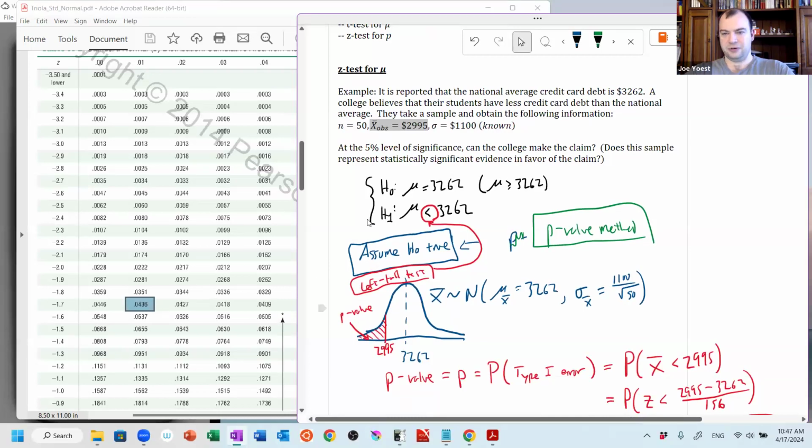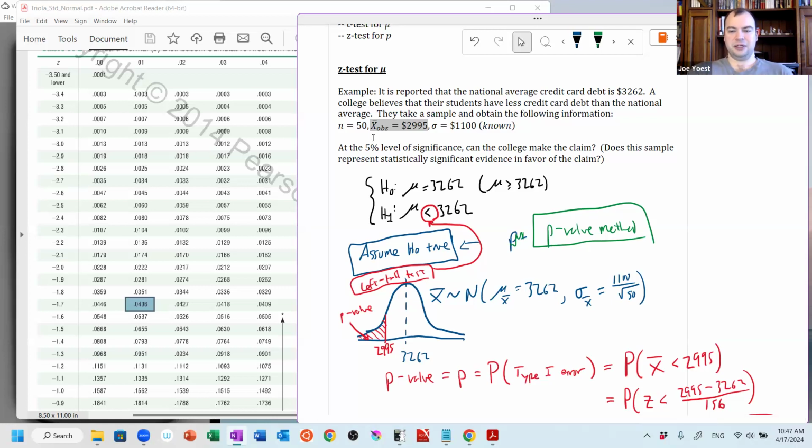What if I could say, okay, for this test setup, sample size 50, the standard deviation, 5% level, and so on, what's my cutoff X bar observed? Where I can say if I achieve an X bar observed to the left of this number, that's statistically significant evidence in favor of H1. Then I have the ability to reject H0 in favor of H1.